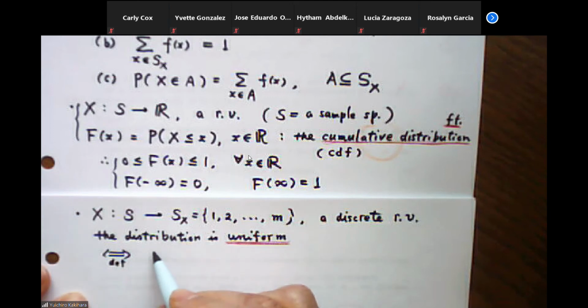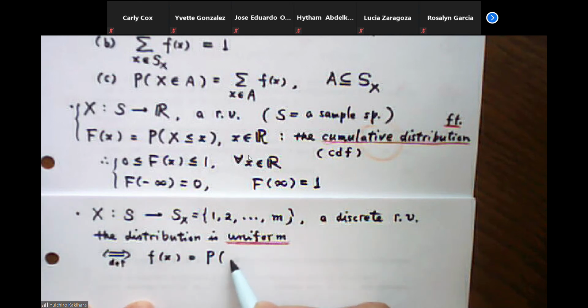So that's going to be f of x. Remember, this is the PMF, the probability mass function: by definition, f of x is the probability that X is equal to x. What is that equal probability? M outcomes appear with the same probability, so each one's probability must be 1 over m.